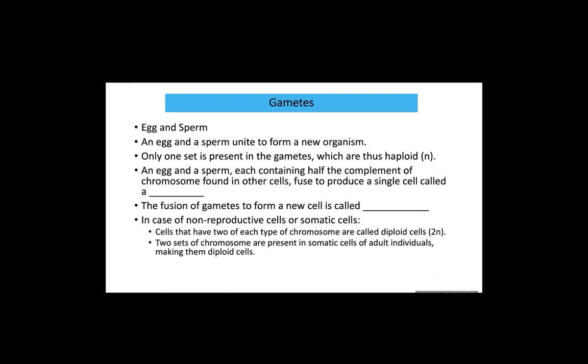Only one set is present in the gamete because the egg has only a haploid set of chromosomes, same as a sperm. Thus, the gamete only has a haploid. When an egg and sperm, each containing half of the complement of chromosomes, fuse together, it produces a single cell. We call this single cell zygote.